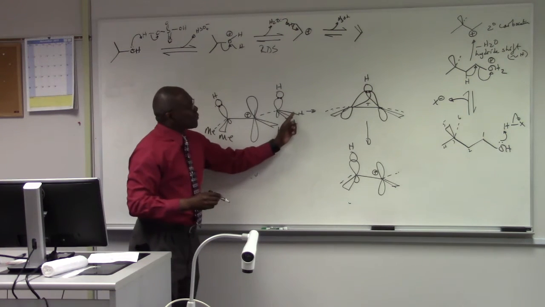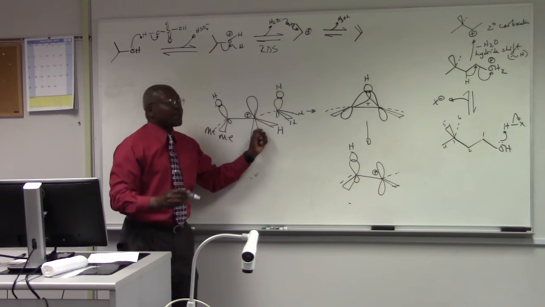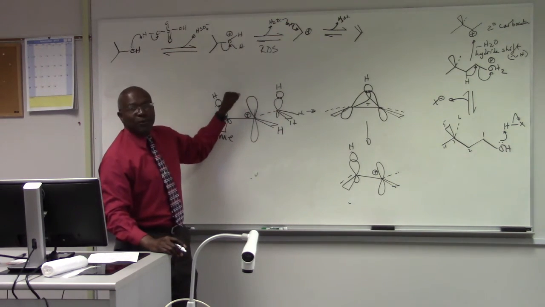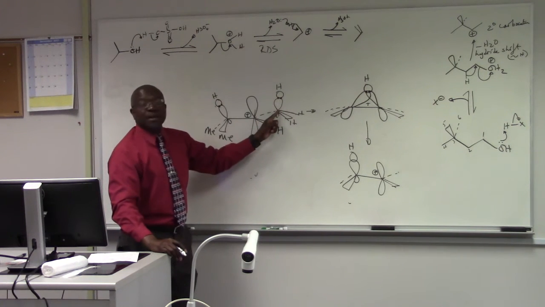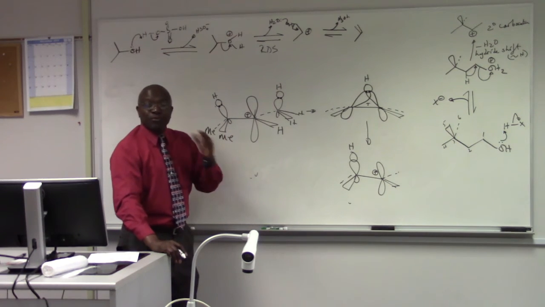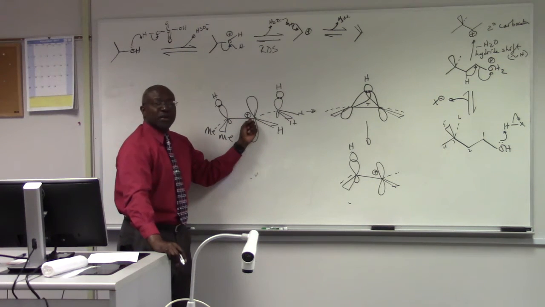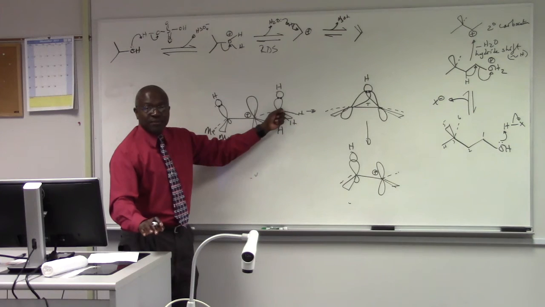If I look at this one, if I were to lean over, now I'm a secondary carbocation, if I lean over and grab those two electrons and pull them over and deposit a positive charge here, well now this carbon becomes a primary carbocation. That's not legal, or rather, primary carbocations are exceedingly unstable. And so I would go from a secondary carbocation, modestly stable, to a primary one. That's not going to happen.